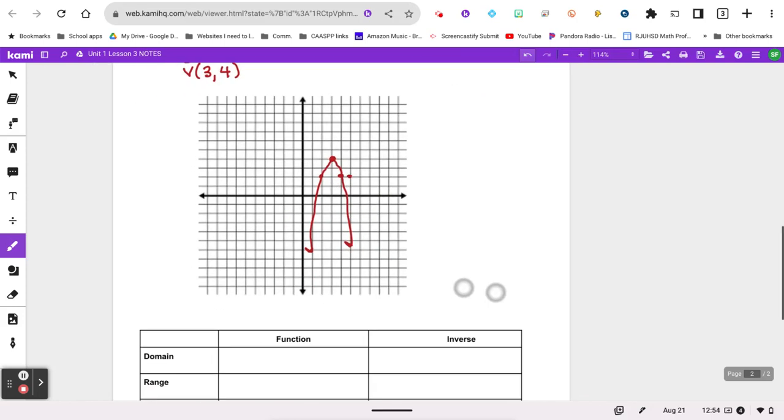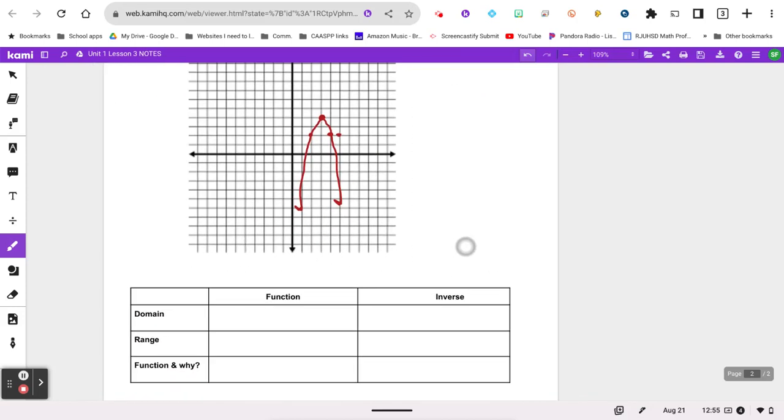With this one, the domain is going to be all real numbers because for every x, we are going to have a value for y. So all real numbers. Now this time, the range is the y values. You see, the y does not go higher than our vertex point.